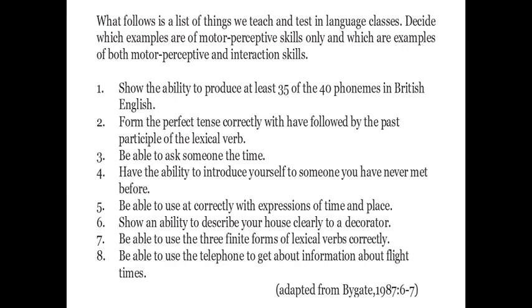So, what follows is a list of things we teach and test in language classes. Decide which are examples of motor perceptive skills only and which are examples of both motor perceptive and interaction skills. One: Show the ability to produce at least 35 of the 44 phonemes in British English. It is a motor perceptive activity.